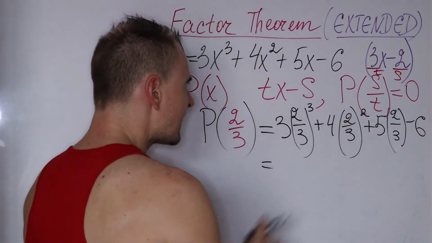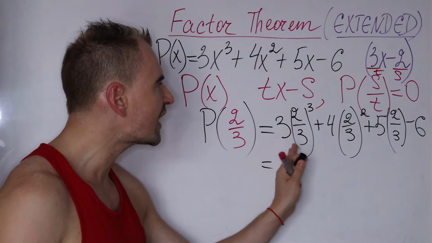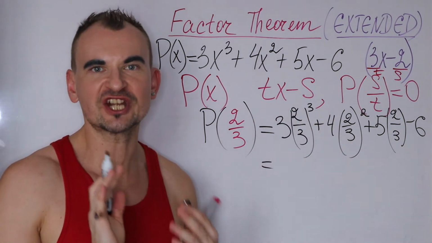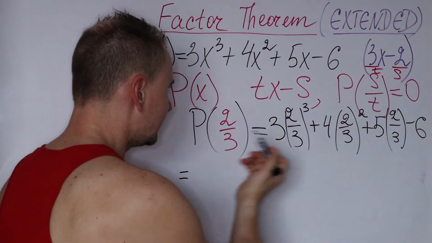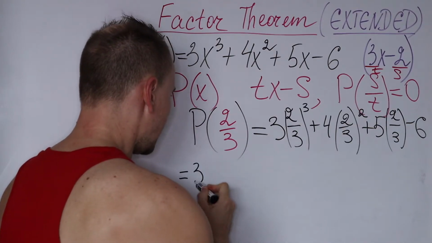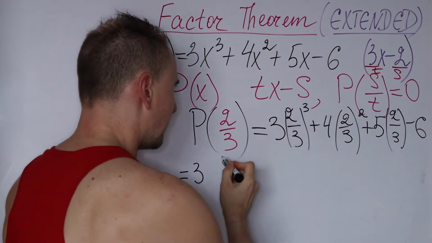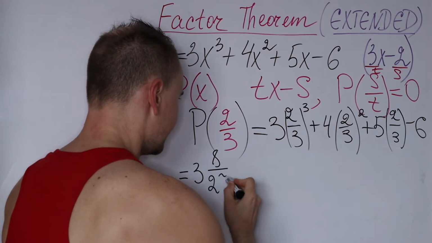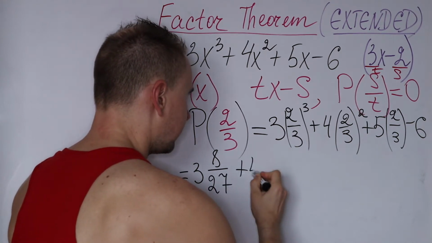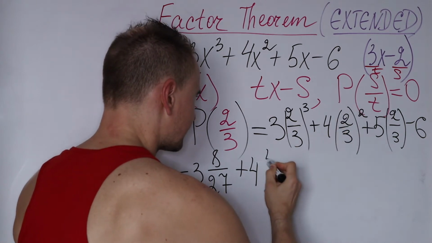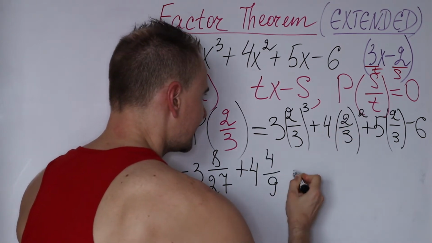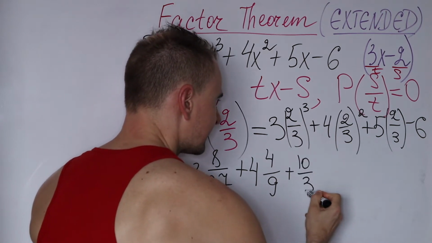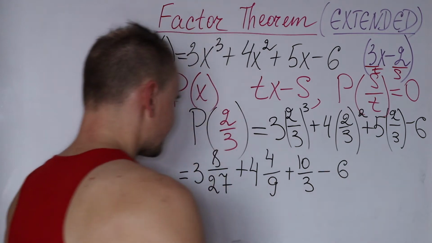So you need to do this math, and remember, when you raise a fraction to a power, you just raise the top and bottom separately to this power. You want to keep this 3 for now, 2 to the third power becomes 8 over 3 to the third power, 27, plus 4, 2 squared becomes 4 over 9, 3 squared, plus 5 times 2 gives you 10 over 3, minus 6.